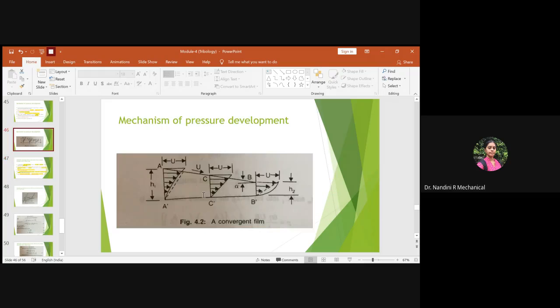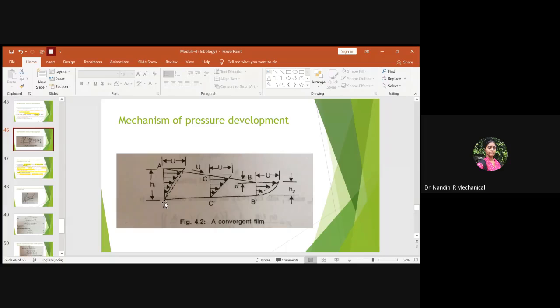The velocity of the oil film at the bottom is stationary, and at the top it is almost the same as the uniform velocity of the top surface. In between there is a reduction in velocity: towards the bottom it is the least, and towards the top it is comparatively higher.